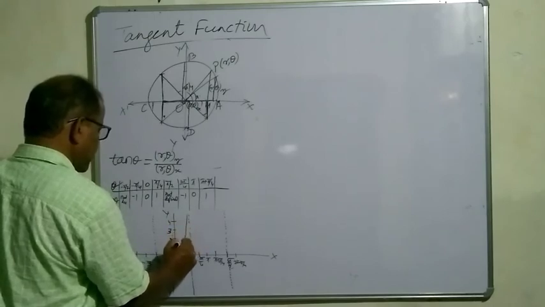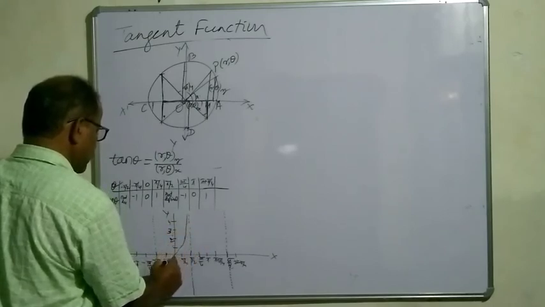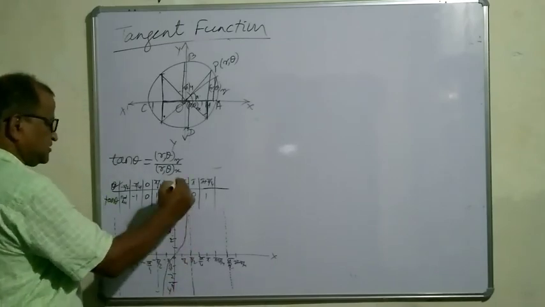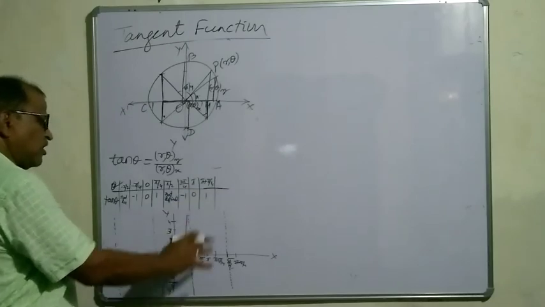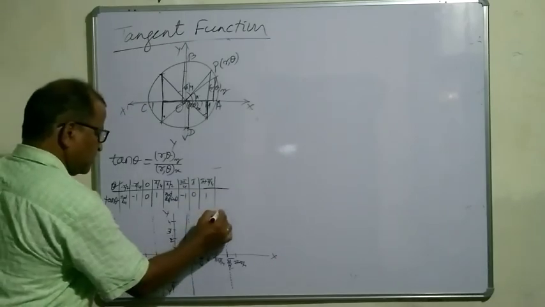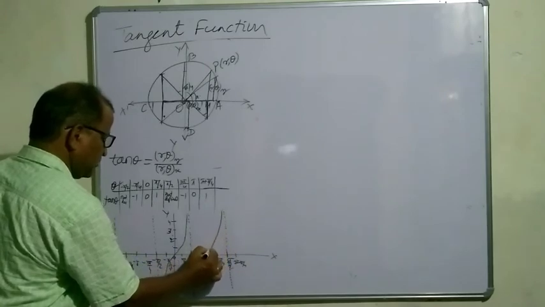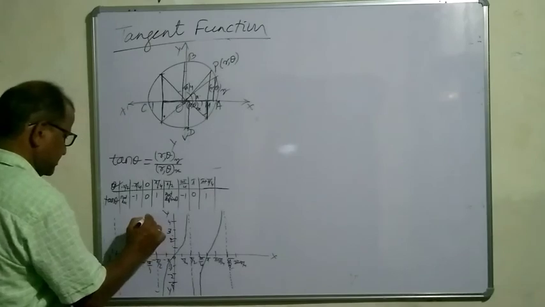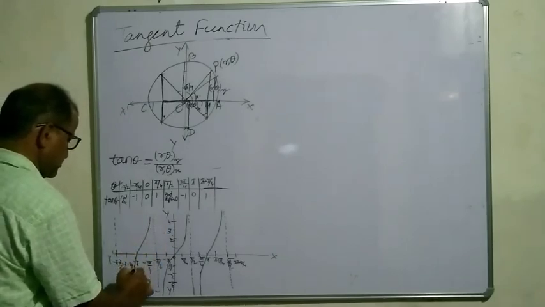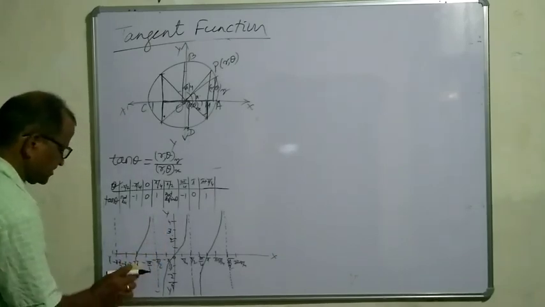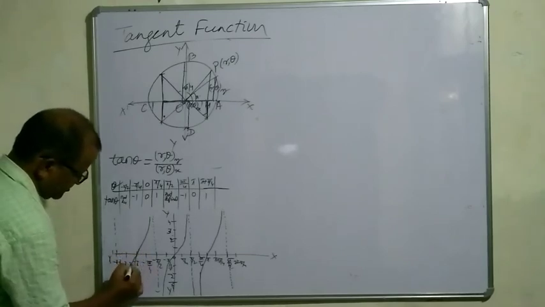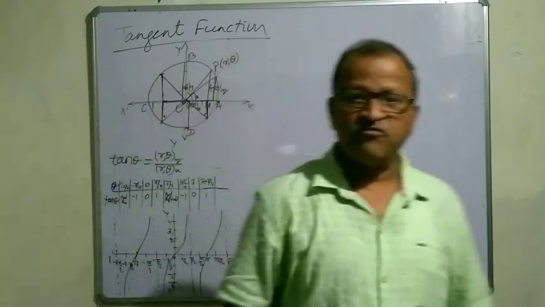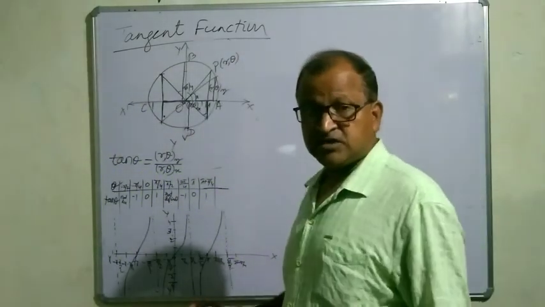At pi by 4 it is 1, just like this. These lines are called asymptotes. Again the point will be like this. It becomes straight, but it will be just like this, right? Yes, this is the graph of your tangent function.